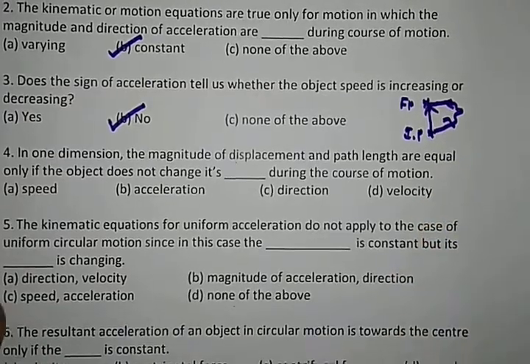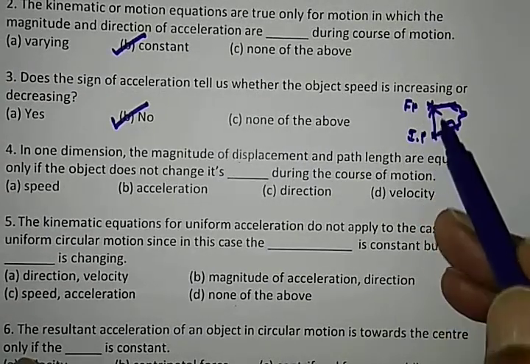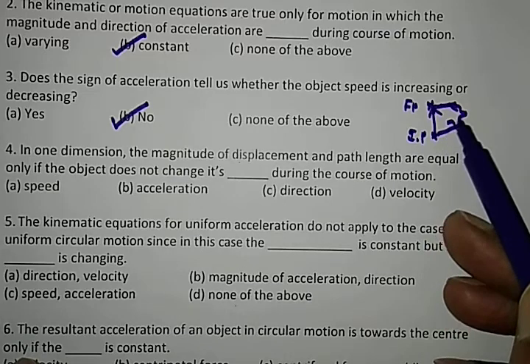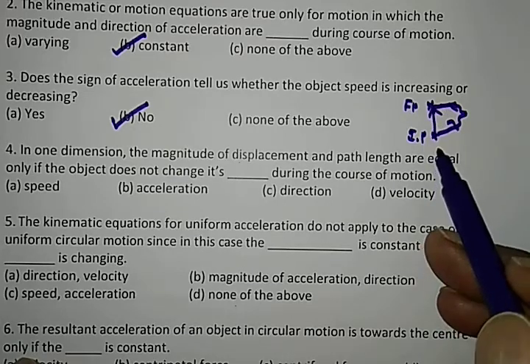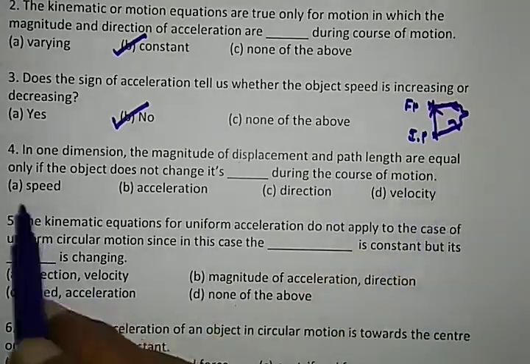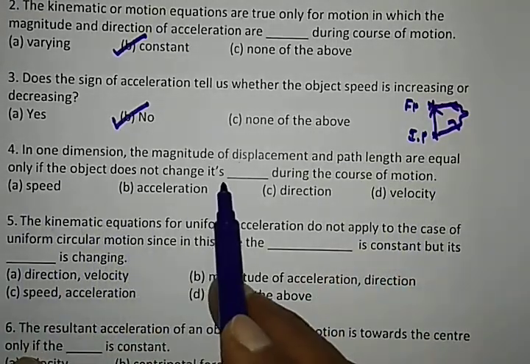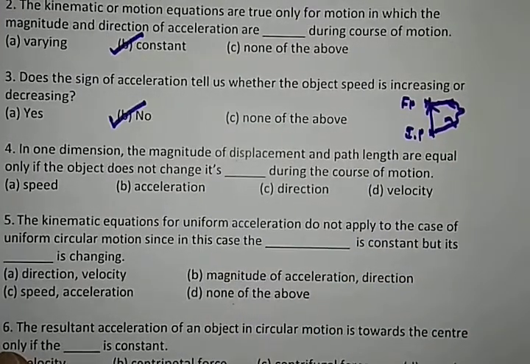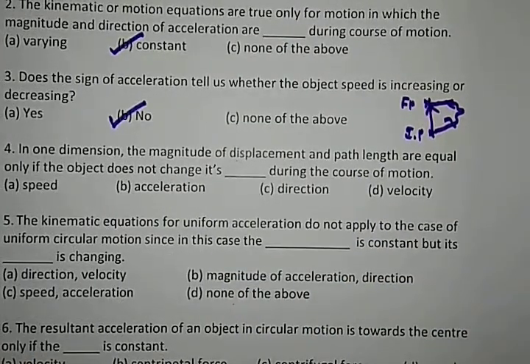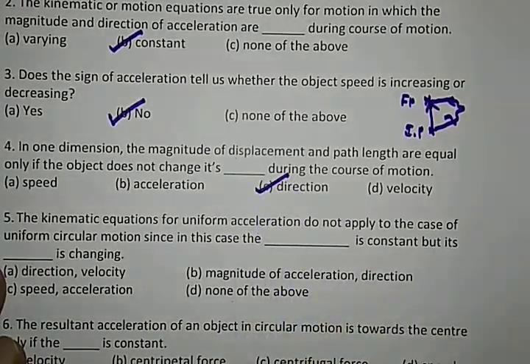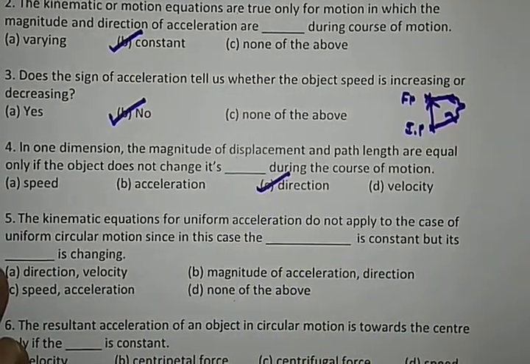So the displacement is final point minus initial point value, and path length is you have to follow the path. So in one dimension, the magnitude of displacement and path length are equal only if the object does not change its direction. If direction is straight, both will be equal.